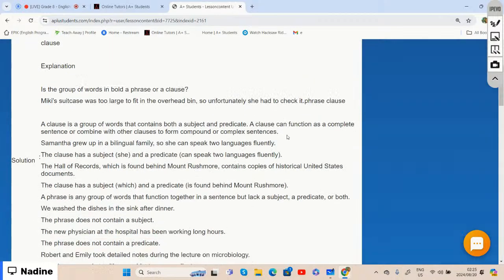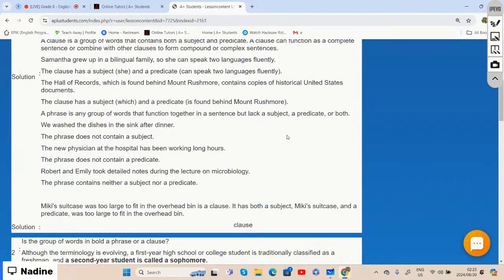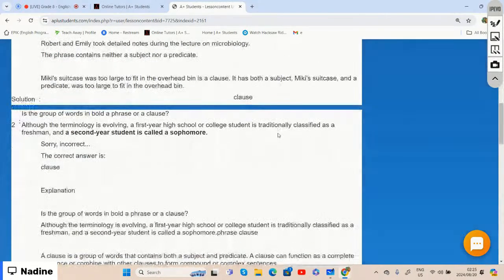All right, if you look at the next one, it says although the terminology is evolving, a first year high school or college student is traditionally classified as a freshman, and a second year student is called a sophomore. Is it sophomore or sophomore? I'm not sure how to say it. So we need to say if that is a clause or if it is a phrase.